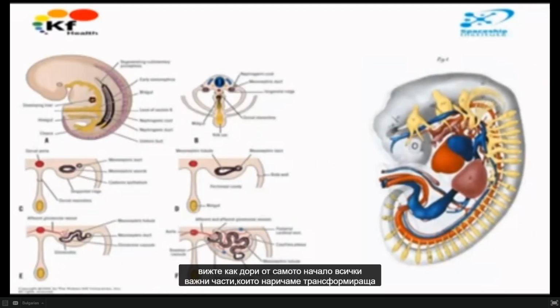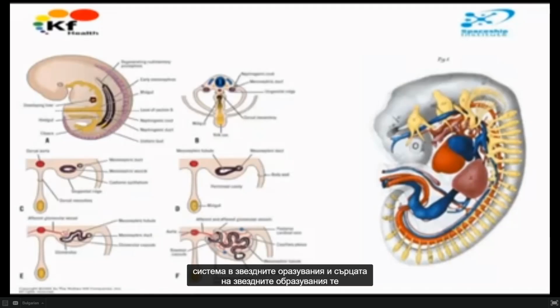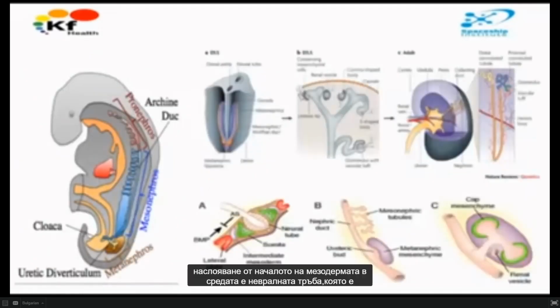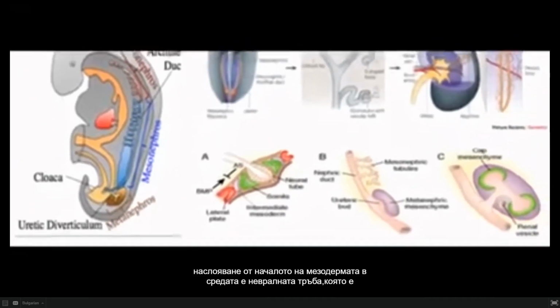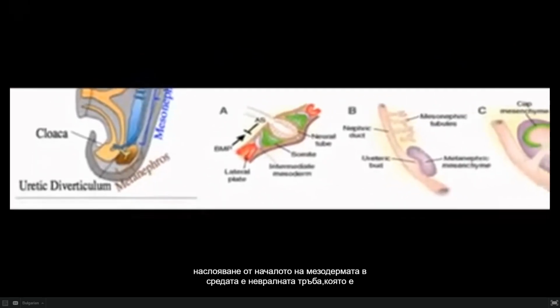See how even from the beginning, all important parts, what we call the transforming system in the star formations and the hearts of the star formation, have their origin so close to each other. In the same slide, on the bottom area, you see layering from the beginning of the mesoderm.